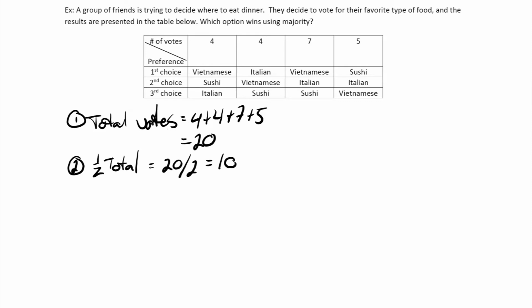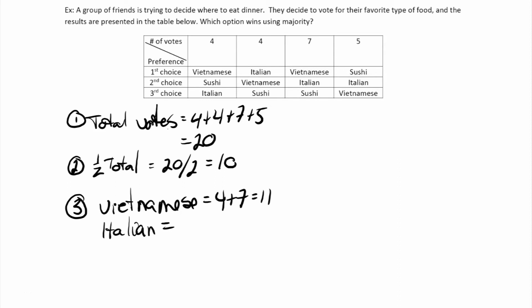Now we're going to add up all of the votes that everybody got. Looking at the Vietnamese, they got 4 votes here and 7 votes here. So you can think of these as like a ballot, that 4 people put Vietnamese first, sushi second, and then Italian third, and 7 people put Vietnamese first, Italian second, and sushi third. So that means Vietnamese got 4 plus 7, or 11 votes.